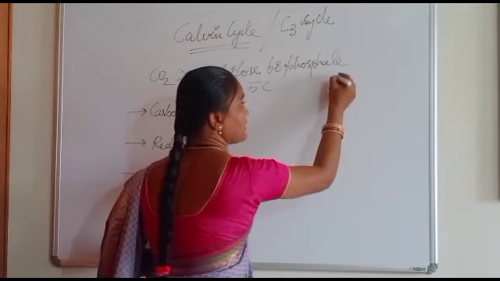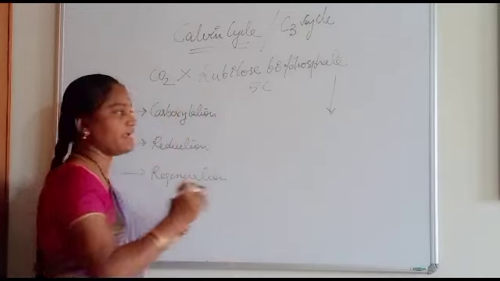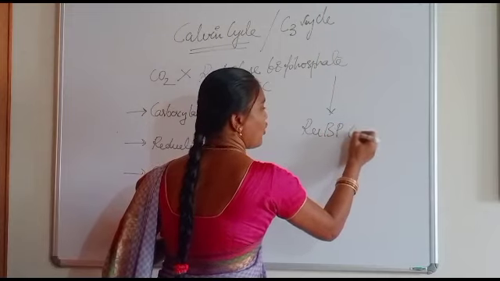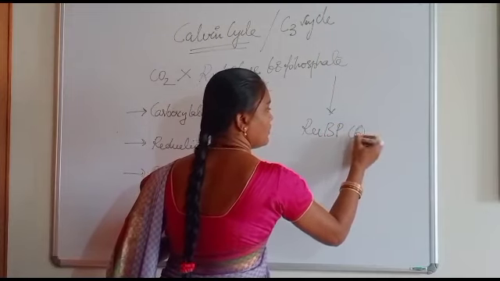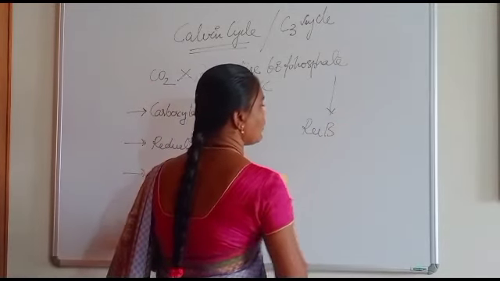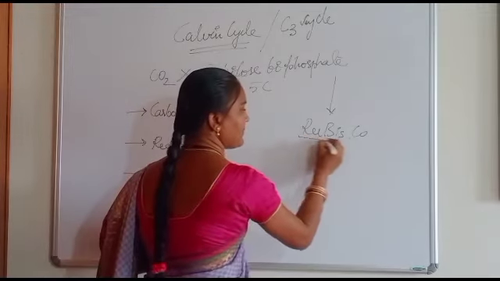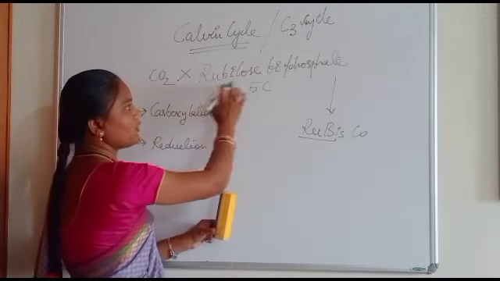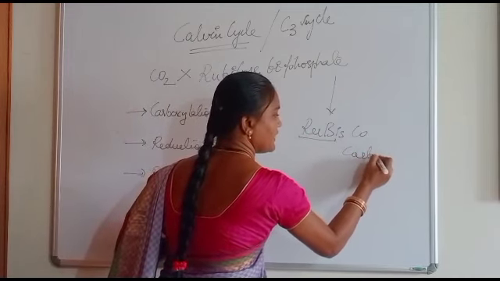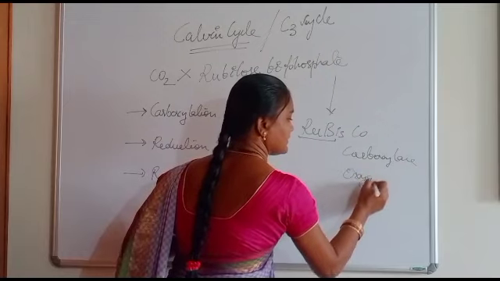The key enzyme for the whole dark reaction is RuBisCO. What is RuBisCO? RUBP is ribulose bisphosphate, and CO means carboxylase and oxygenase.